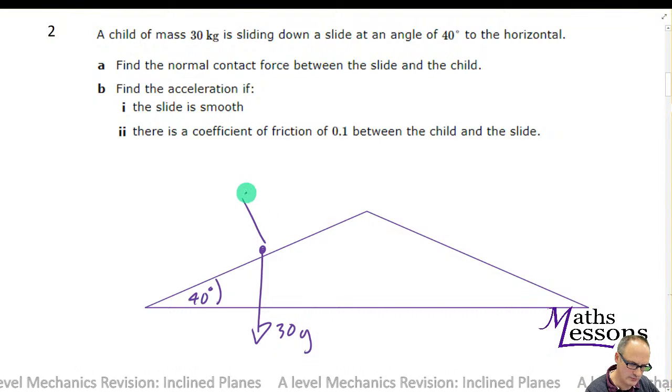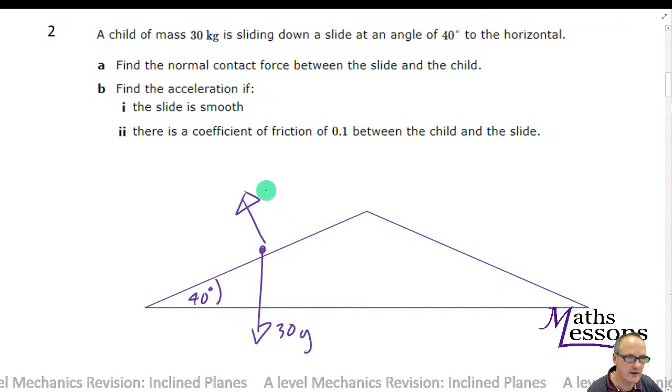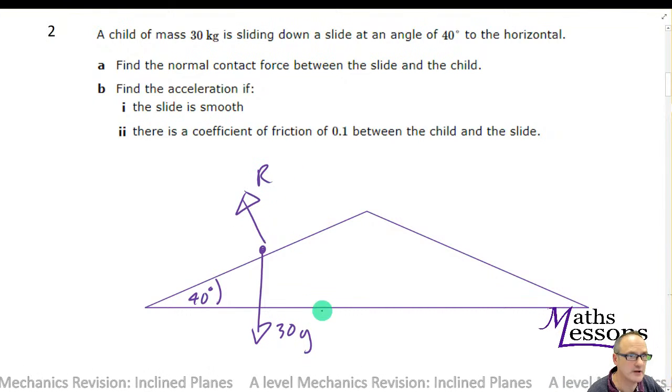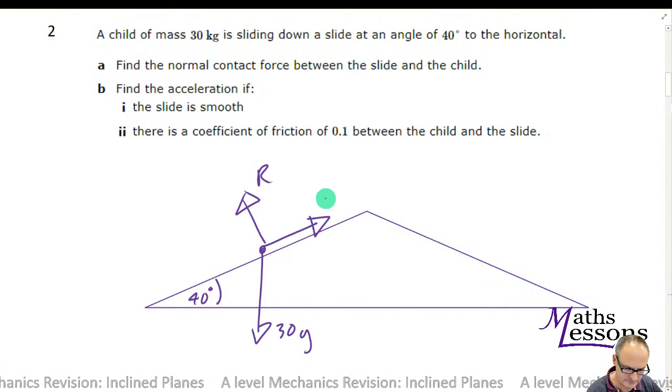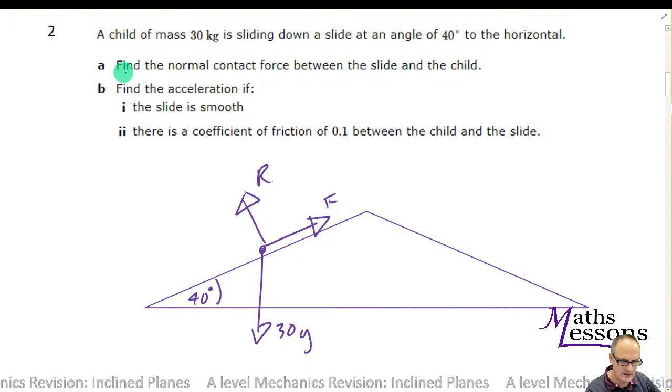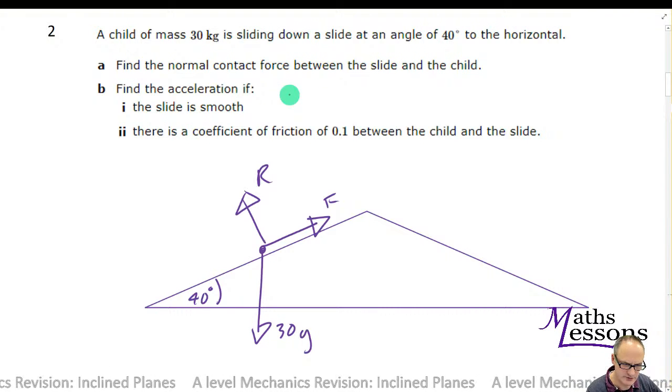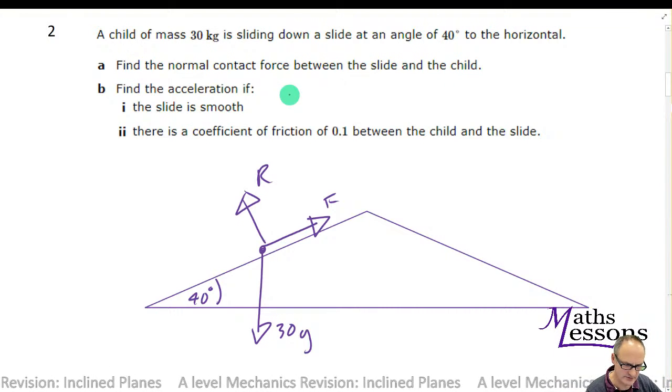And we've got a normal reaction, and that's going to be R. And we'll have friction acting up the plane. We're going to find the normal contact force between the slide and the child.